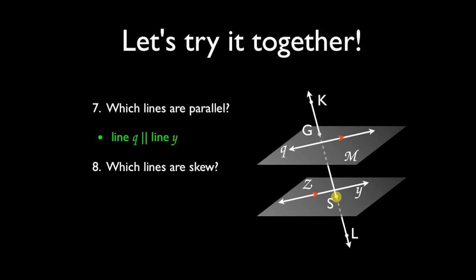It doesn't intersect either one of them. So we can say that line GS is skewed to line Y.